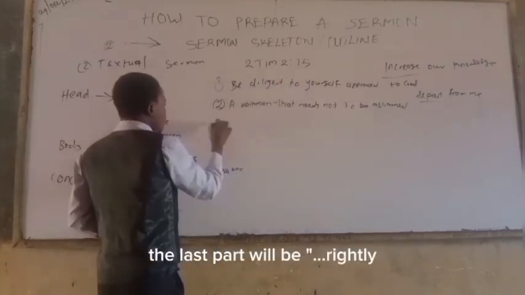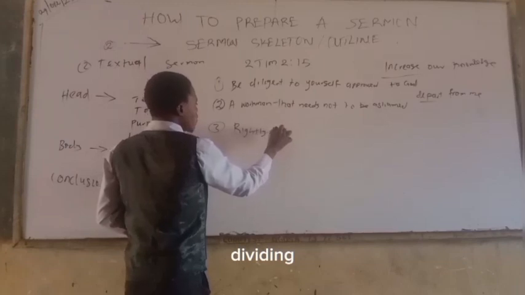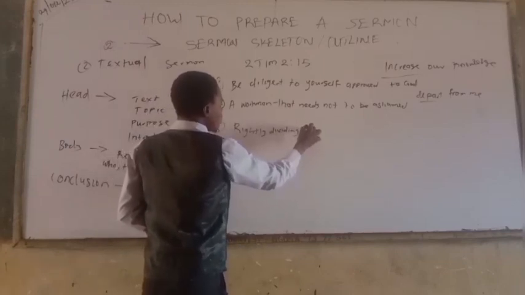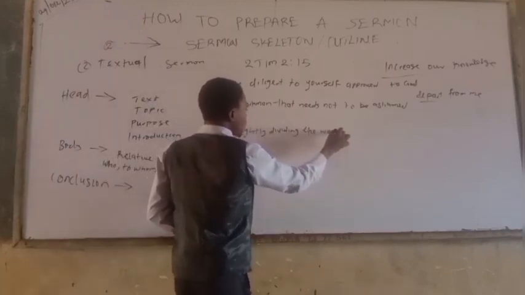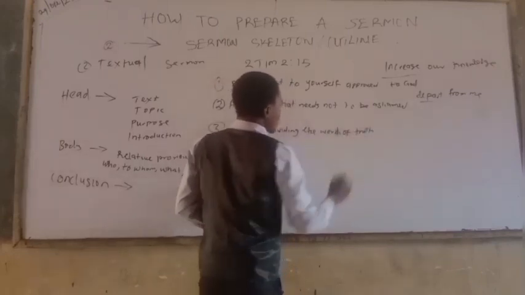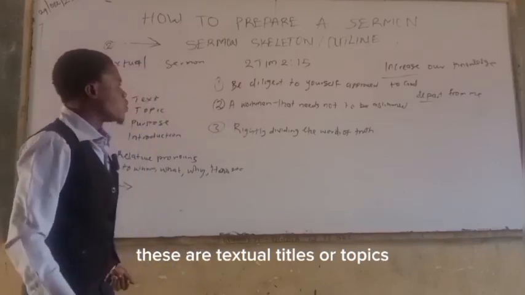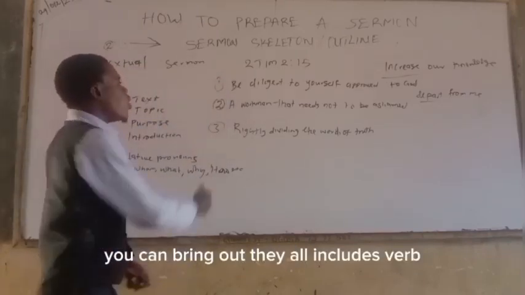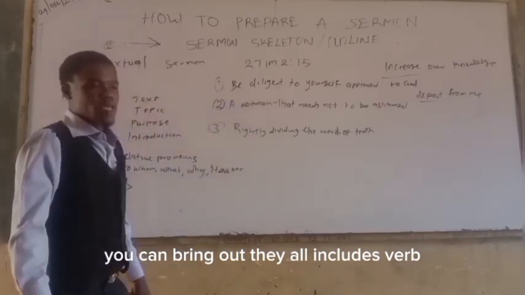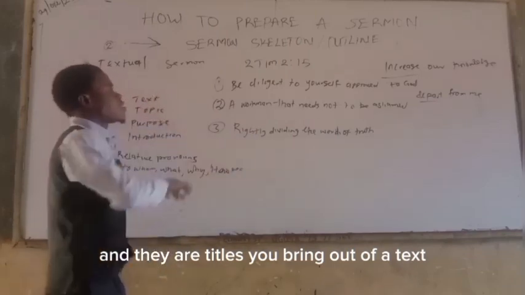The last part will be rightly dividing the word of truth. Have you seen? Those are textual titles or topics you can bring out. They all include verbs, and they are titles you bring out of a text.